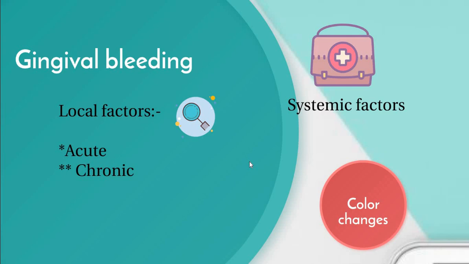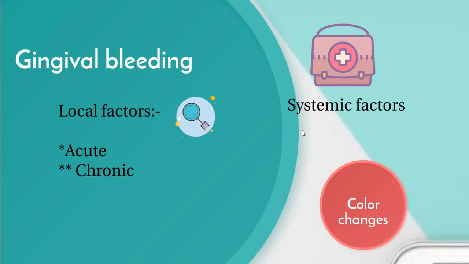While systemic factors of gingival bleeding, in case of hemorrhagic diseases, there may be a tendency of bleeding due to failure of one or more of hemostatic mechanisms. That is to say, it may be provoked by mechanical irritation, or sometimes it's totally unprovoked.